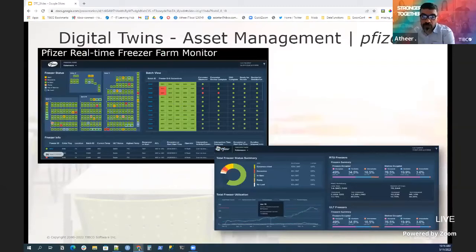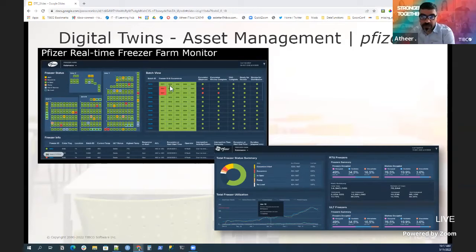Moving on to one of the use cases, one of the success stories that we have at TIBCO, with Visor. The freezer farm analytics that they use provides real-time status of the freezers, including the temperature thresholds, cleaning status, and loaded and unloaded freezers.